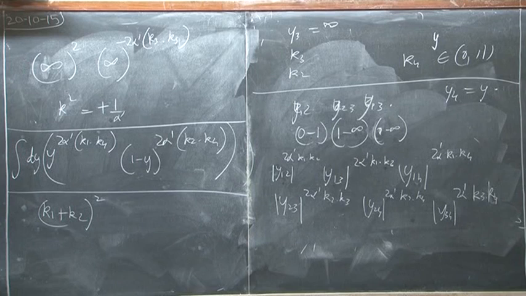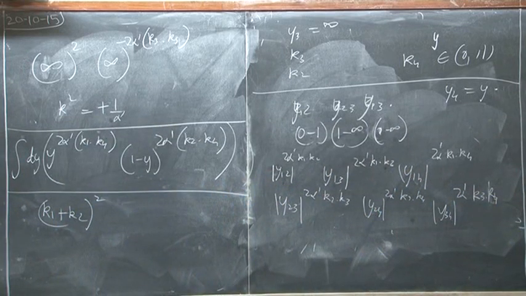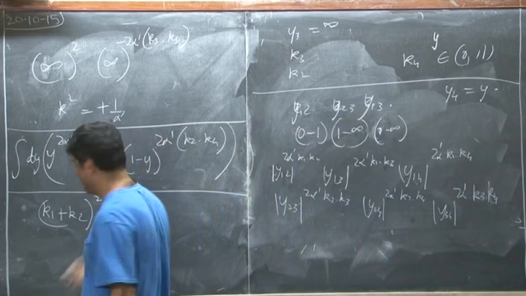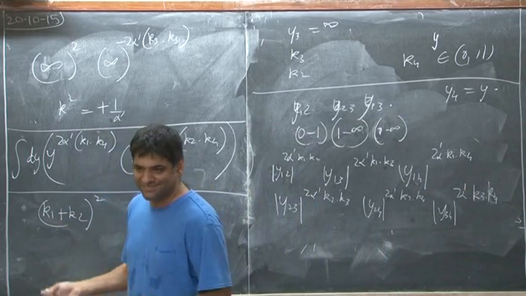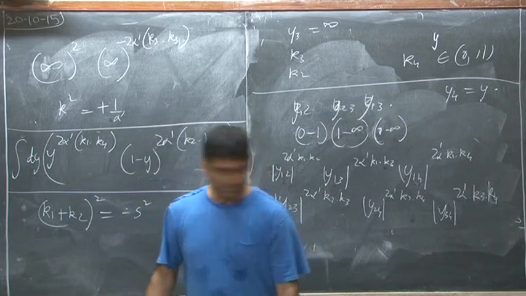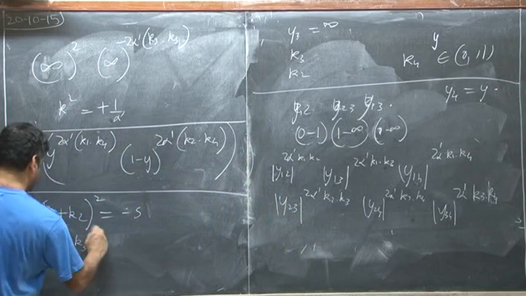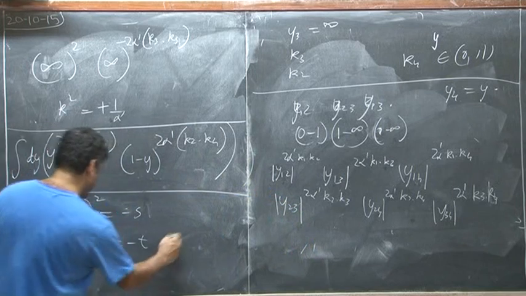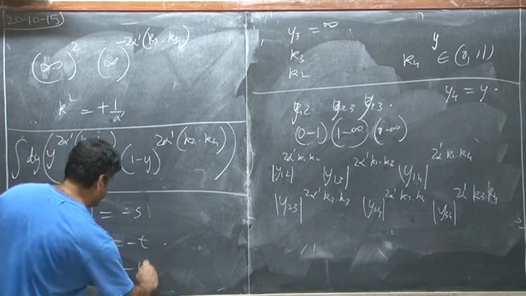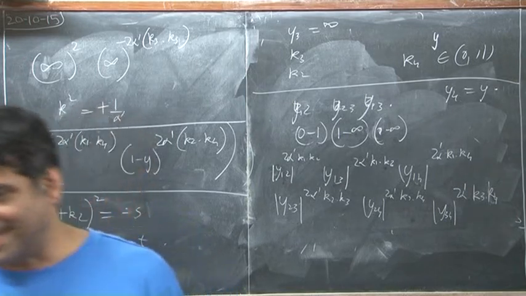Now this should be minus s, because we're using the mostly positive signature, so the energy squared would be minus s. k1 plus k3, all squared, is equal to minus t. k1 plus k4, all squared, is equal to minus u. These are the standard kinematic invariants.